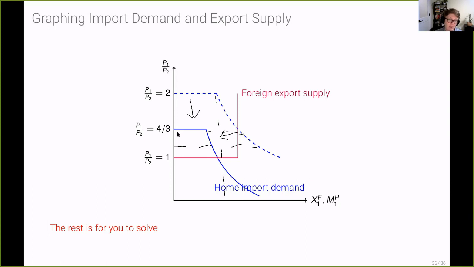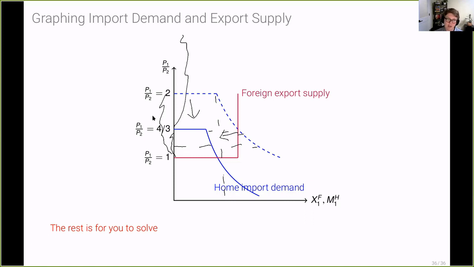Also, we've decreased the relative price, so there's a smaller range of prices under which home wants to fully specialize. Before, home wanted to fully specialize in good two anywhere in this range. Now it only does so in this smaller range. Anything above here and home instead specializes in good one.